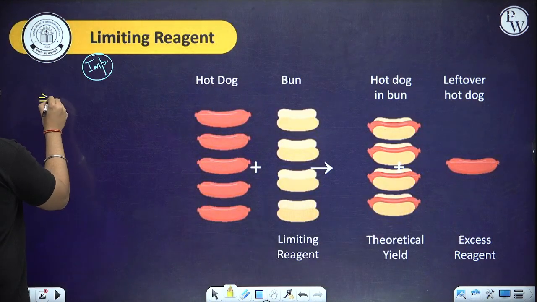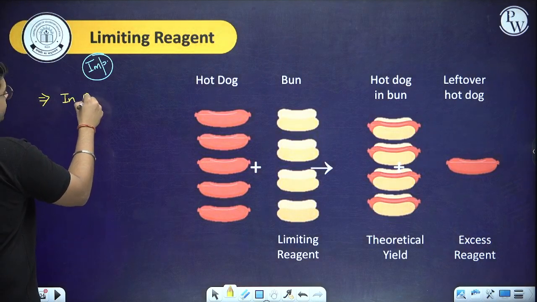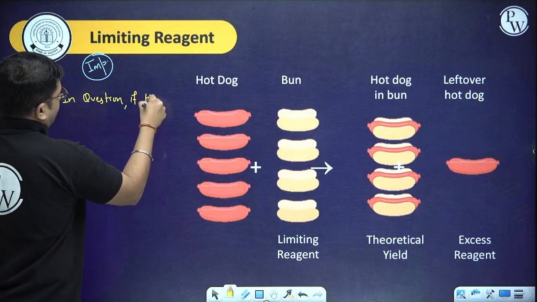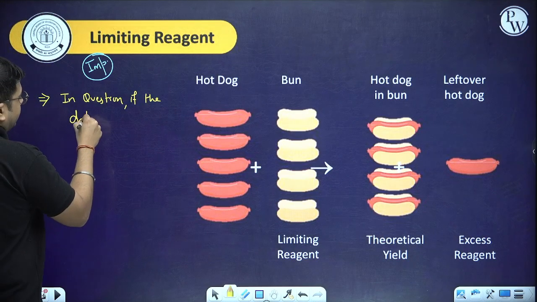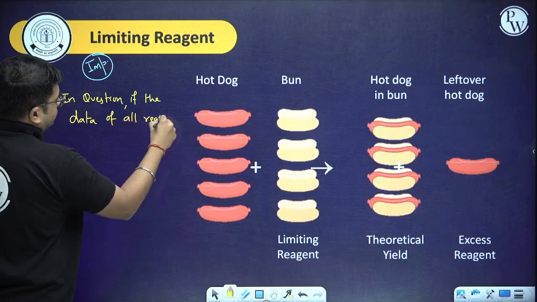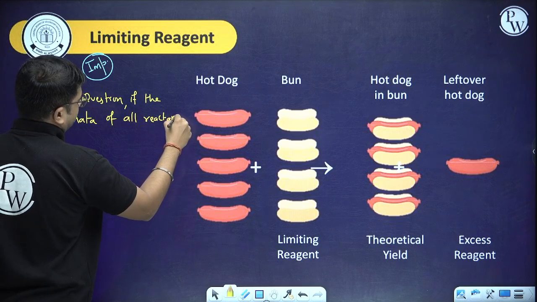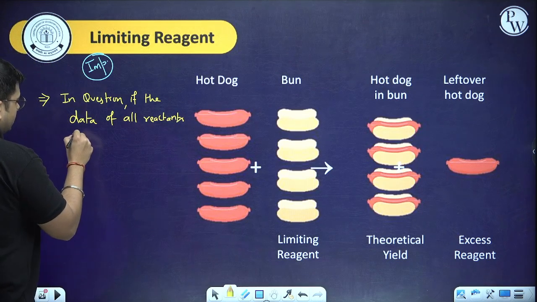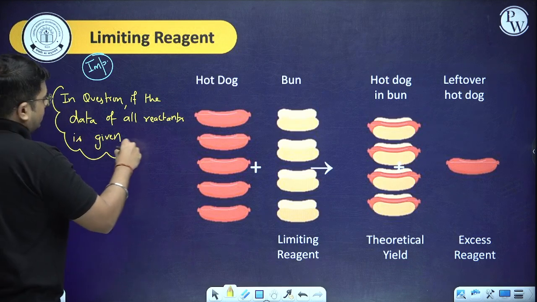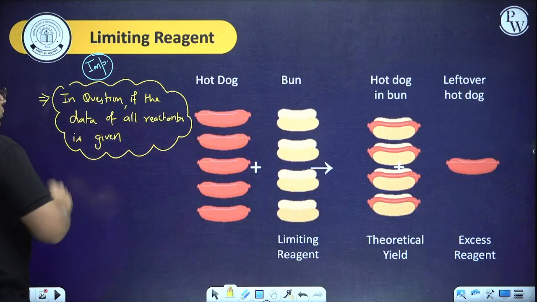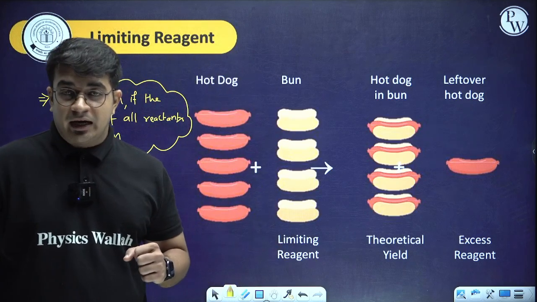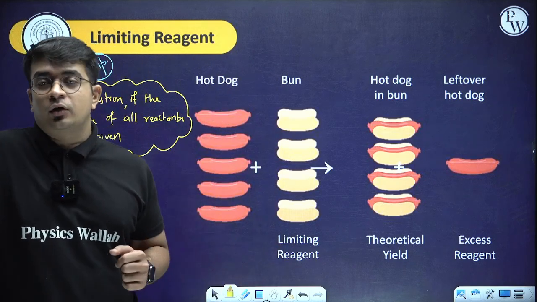In the question, if the data of all reactants is given. Because in the previous case of mole-mole analysis, we were only dealing with the data of one reactant or one product, and we are using the same correlation to calculate the entire part.